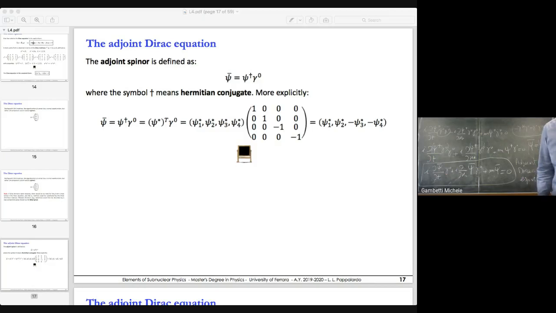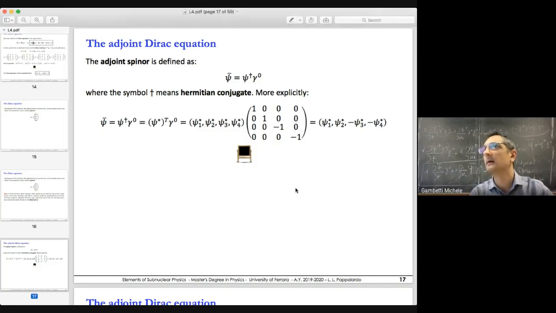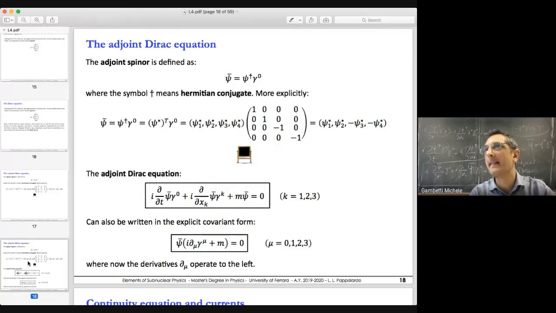The importance of the adjoint Dirac equation will become clear in the next lessons. Now we are back here. So let me also put in your slide the adjoint equation that we just derived.